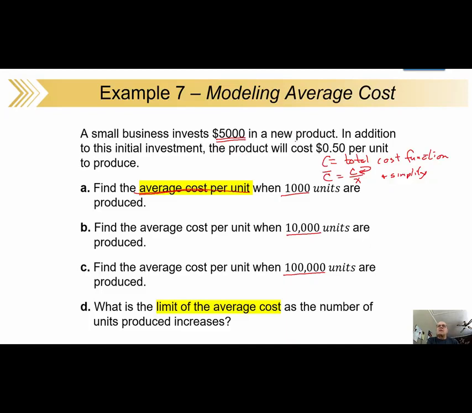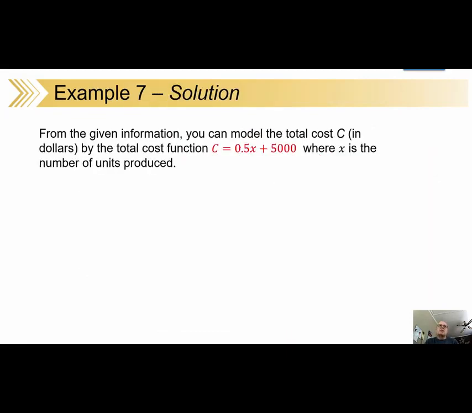The product's going to cost 50 cents per unit, okay, but you still have to make up the $5,000 to be able to get a profit. So here's how it goes. Here's our total cost function, because 5,000 is first. In fact, one alternate way of writing it is, even if you're not making any pens today, you still have to pay that $5,000, or you have it paid for the machine or whatever it costs.